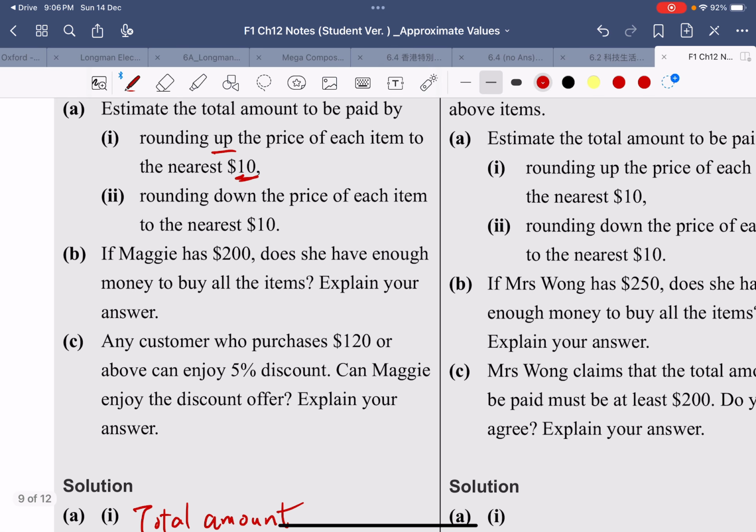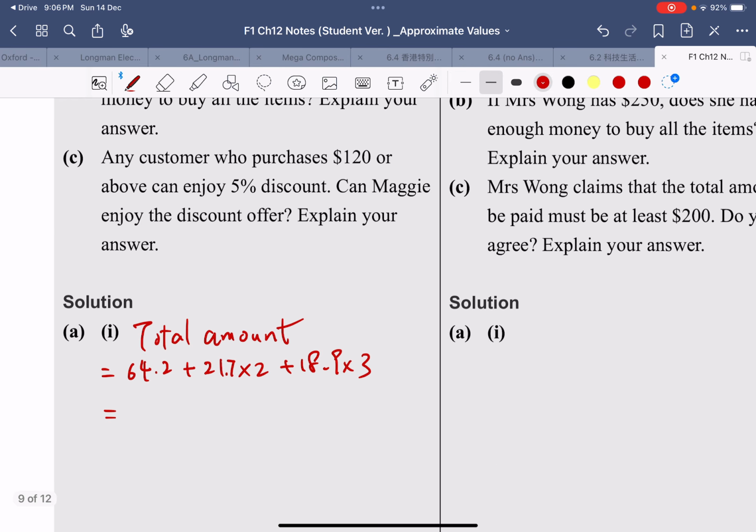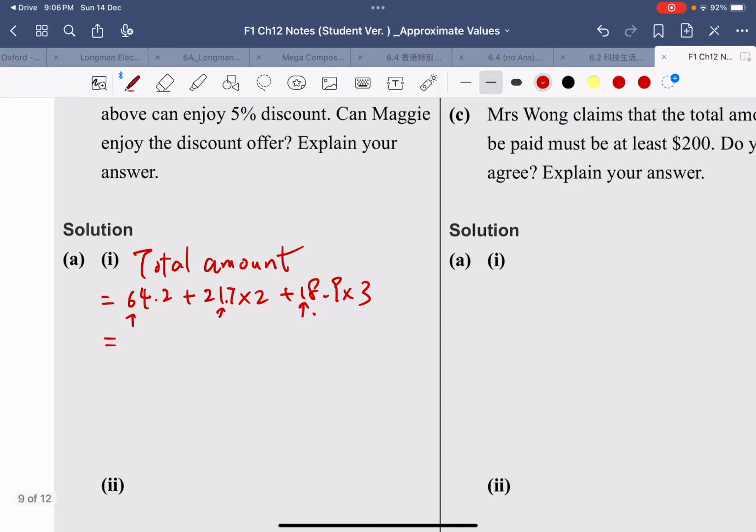Okay, and then the 10 is here. All right. And then it becomes 70. And it becomes this. Alright, so the final amount should be 190.